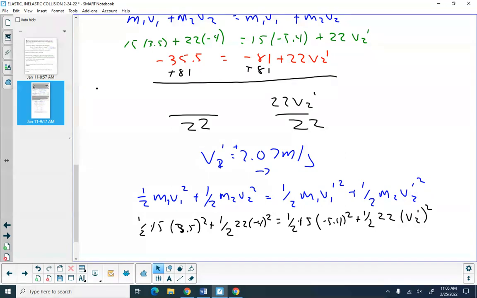Once again, looking at the mathematics, I would multiply through by 2 and get rid of the 1/2.